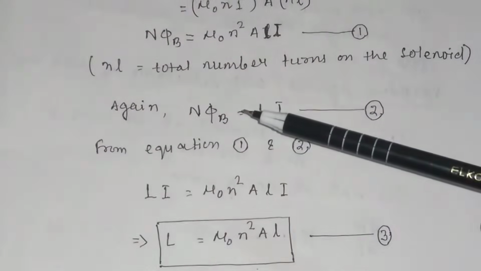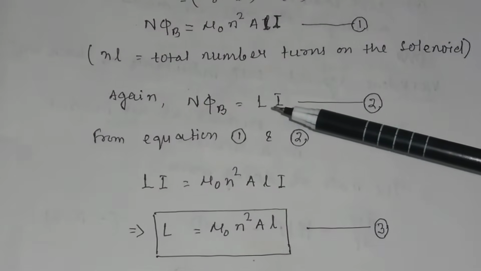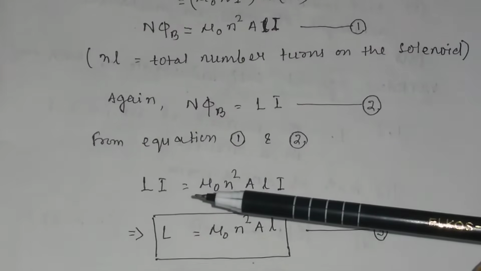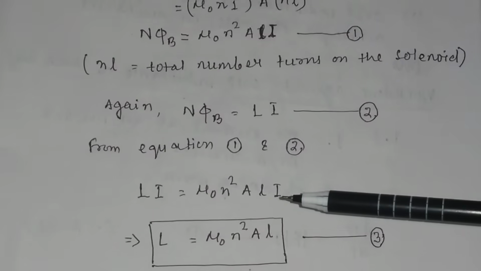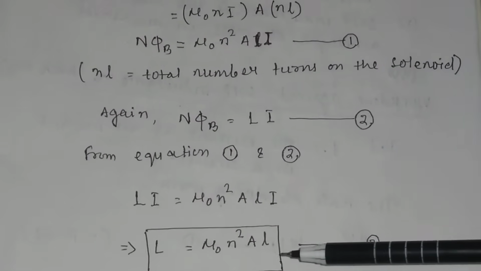Again we have the flux linkage NφB equal to L I. So from equations 1 and 2, L I is equal to μ0 n² A l I. So L is equal to μ0 n² A l.